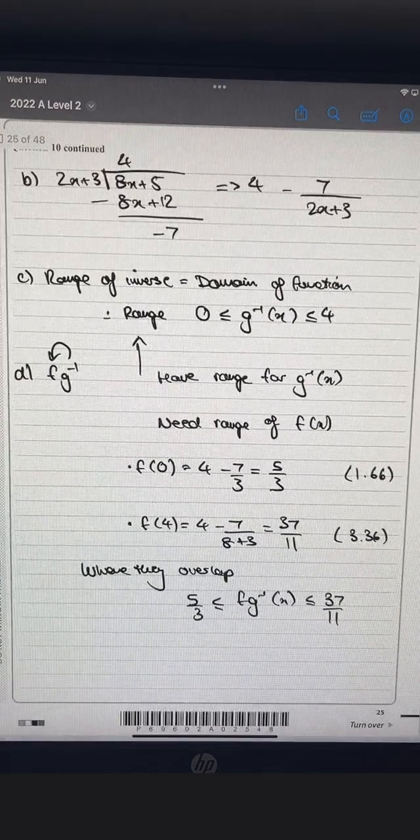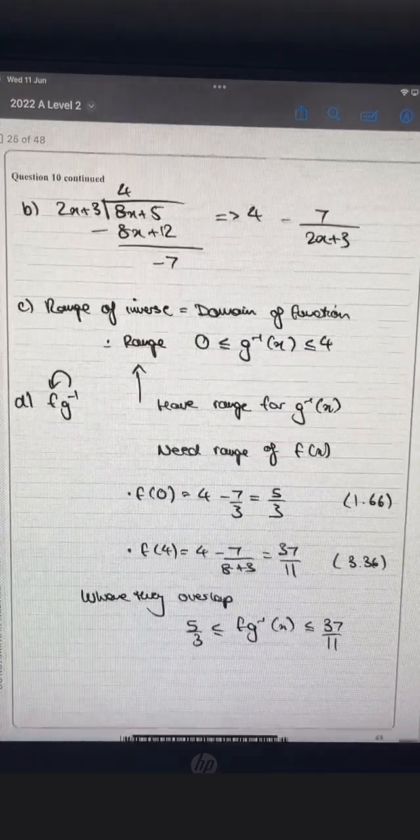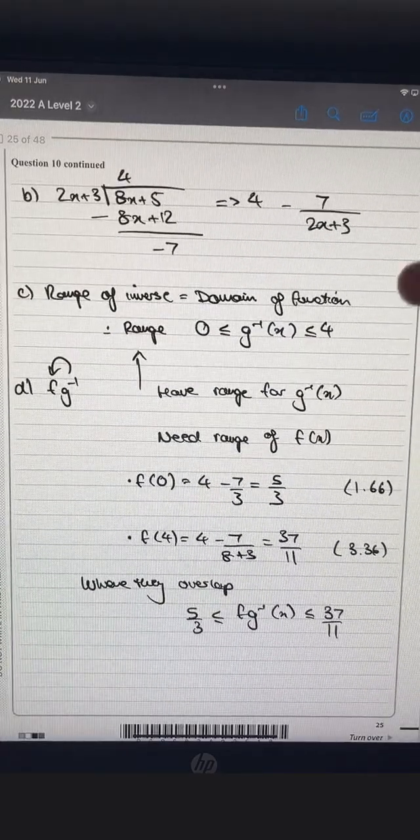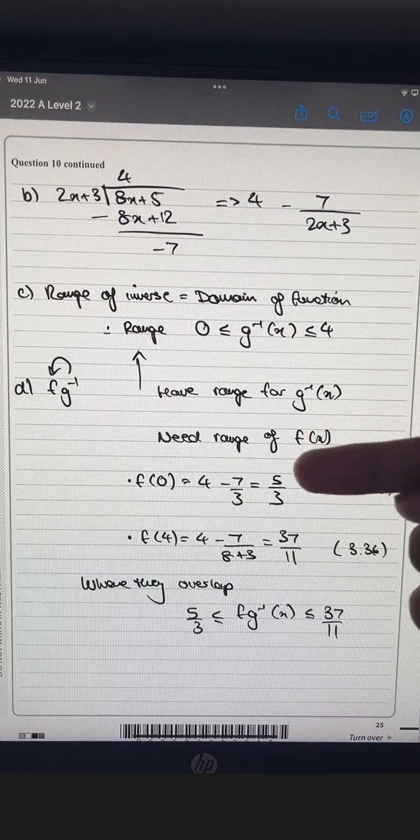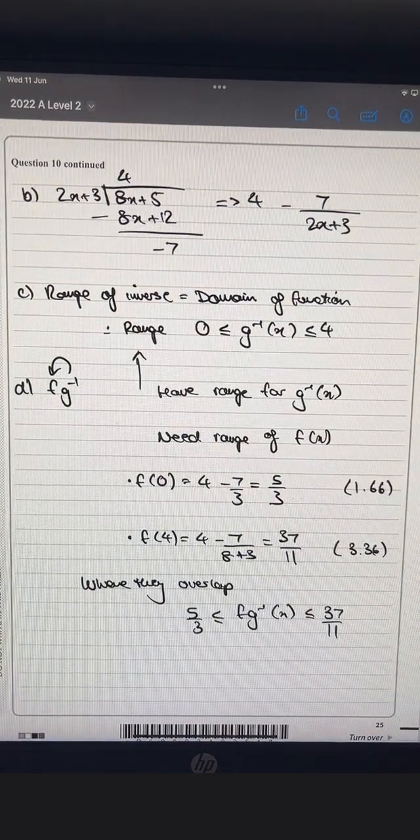Now, I've not been asked to do that. I need to find the range of this composite function. Well, I've got the range of inverse g, and the range of f of inverse g is from this to this, right? This has got to be where they both happen at the same time, because we need to satisfy both conditions for this function. Well, let's look at the lower bound first.